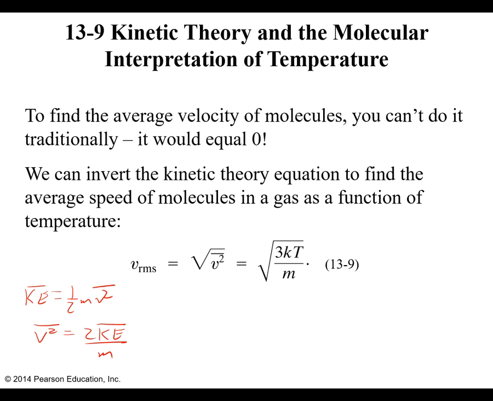So we find the average, but here's the problem. Our average v squareds have units of meters squared per second squared. We need to get rid of those squares now. So what you do is you take a square root on both sides, and you get yourself an average velocity. So we call this our RMS velocity, meaning root mean square. RMS means root mean square.